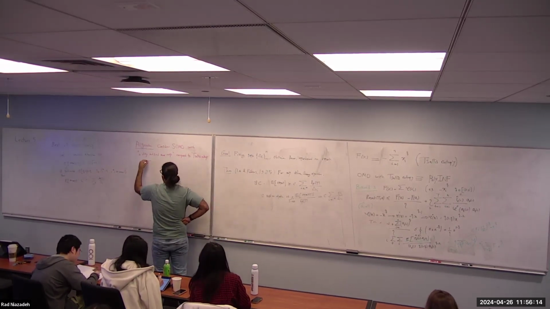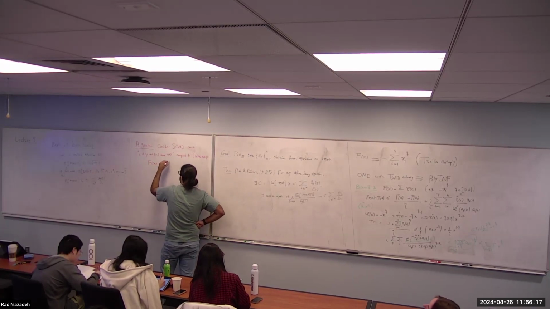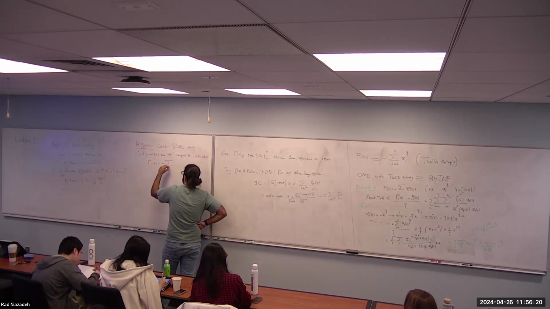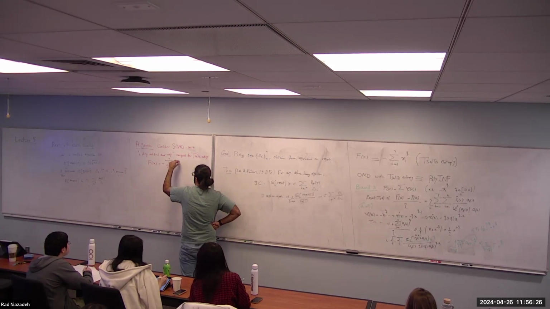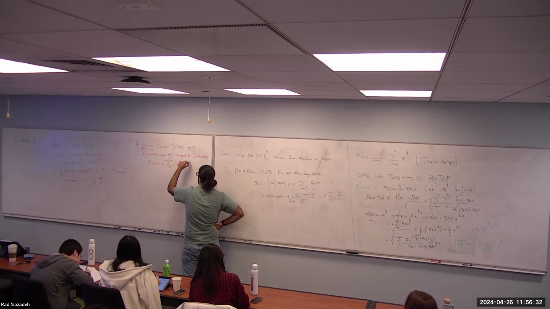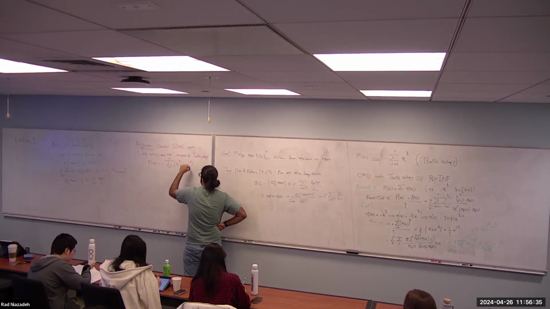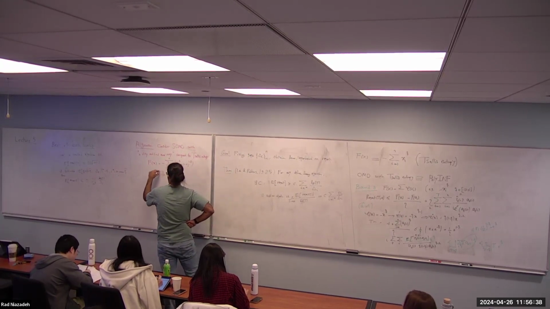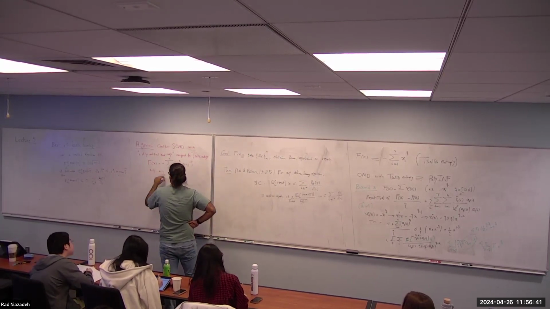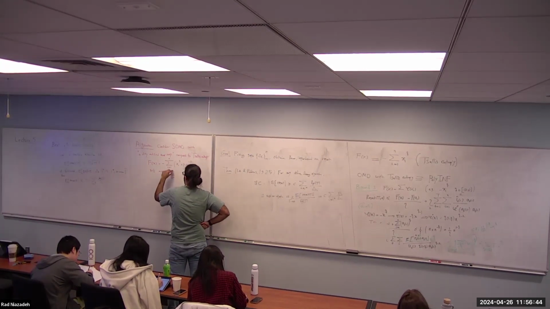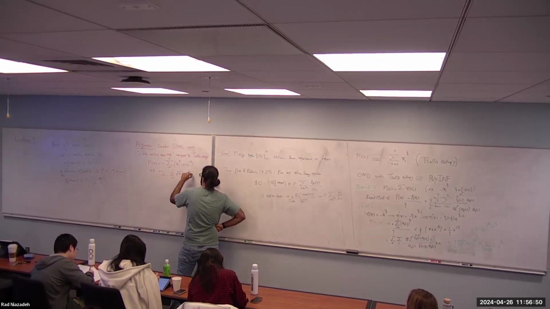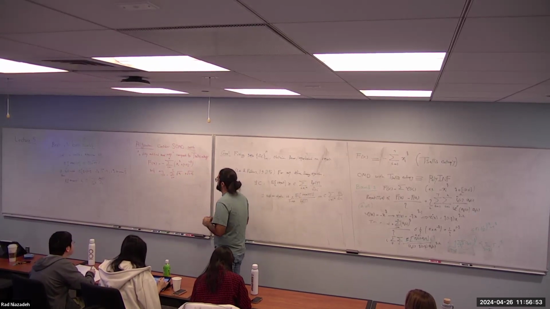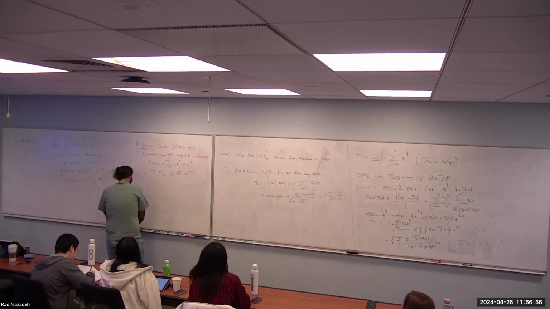So f of x is going to be minus summation i from 1 to n, and this time I'm going to have two terms: x_i to the power q, and then 1 minus x_i to the power of 1 minus q. In particular, the one I care about is when q is equal to half. So it's going to be minus summation i from 1 to n of square root of x_i plus square root of 1 minus x_i. Right? So that's going to be the algorithm.